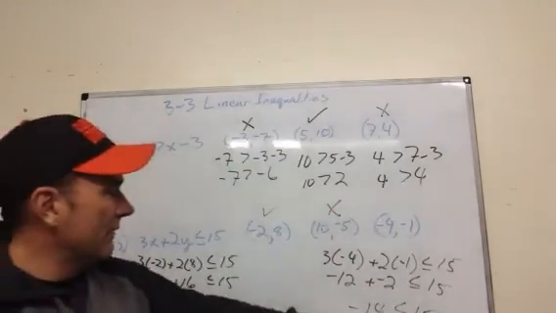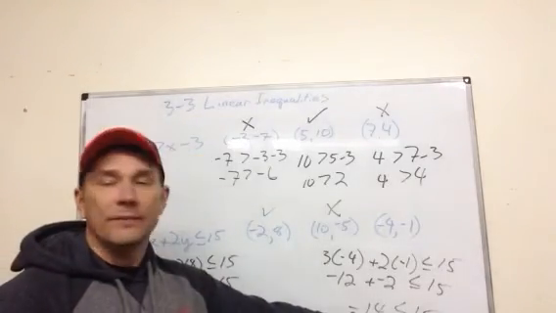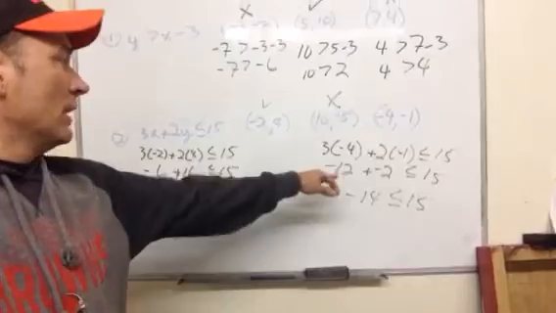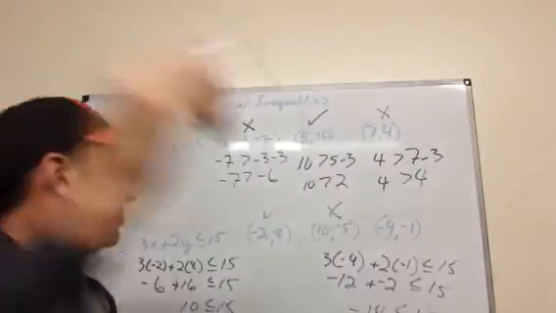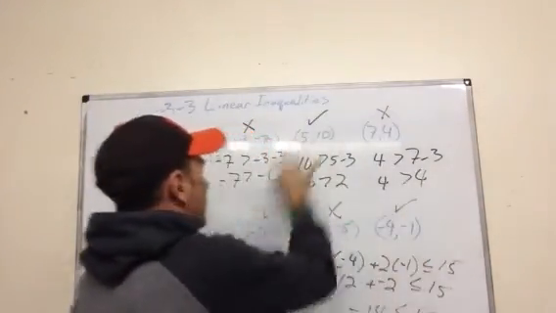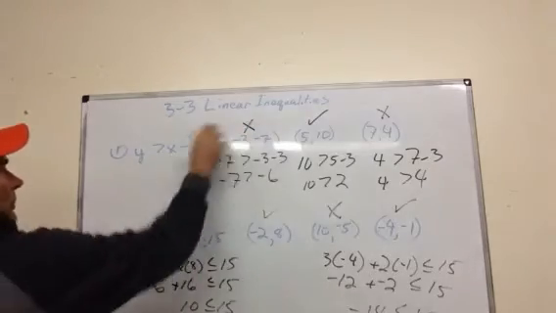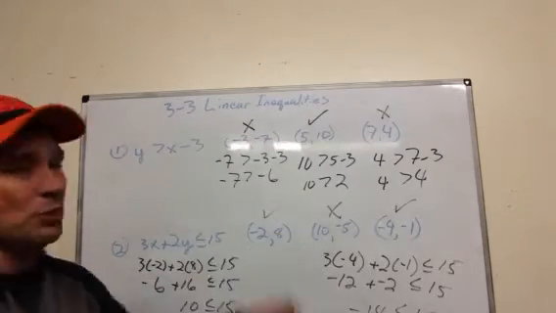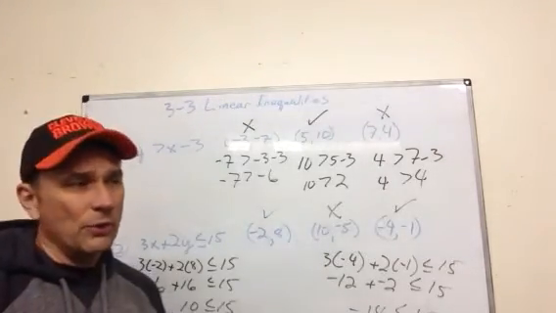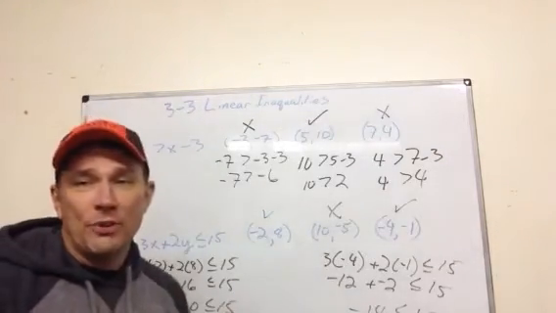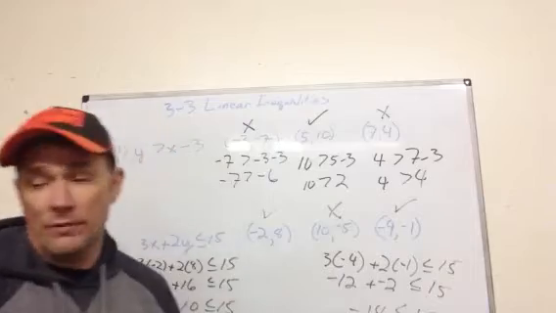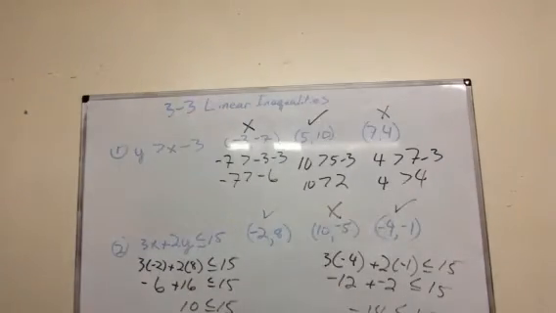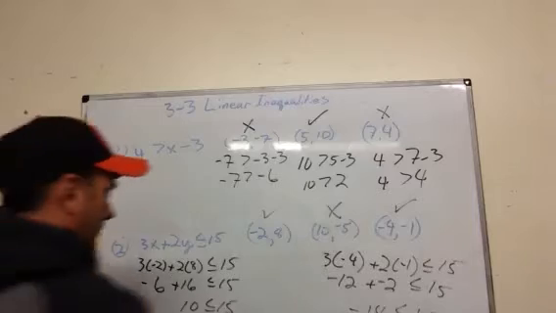Obviously, a negative number is less than a positive number. So I know this point works as well. So in the first problem, only one point worked. In the second problem, 2 of these points work. So in the future, maybe you have 4 options. They could all work, or none of them could work. You have to test them out to see if it works or not.